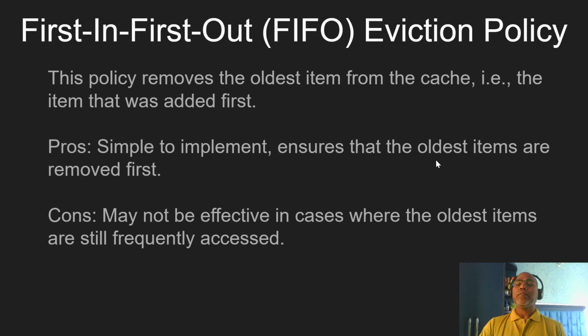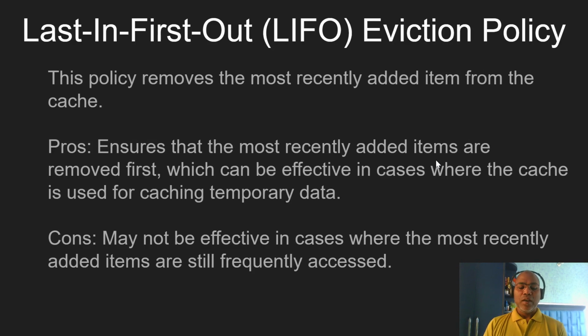So the nature of the application decides whether you use the first in first out policy or not. But the implementation is very simple: just put in the new one, and when you want to remove, just go to the oldest one and remove it.